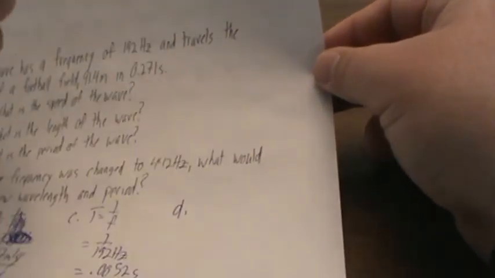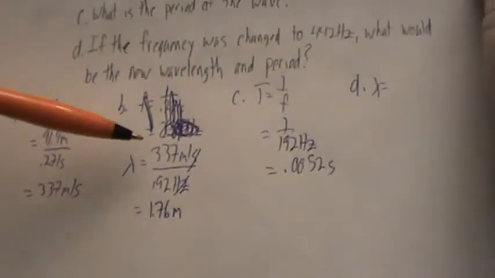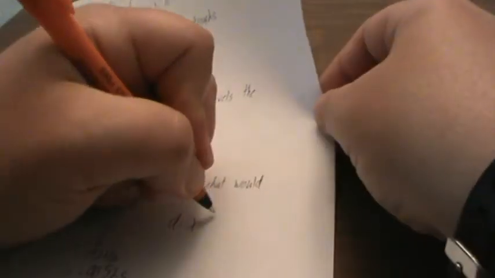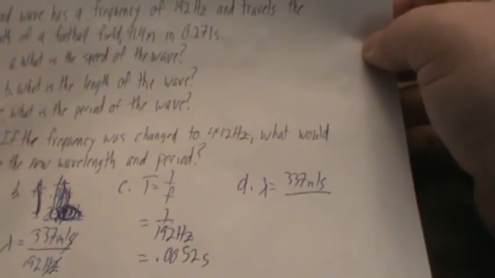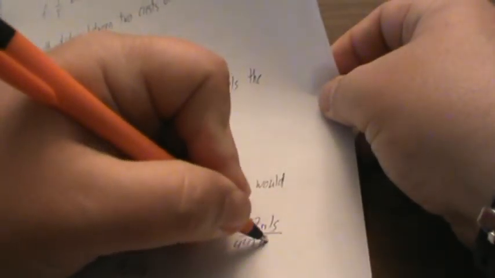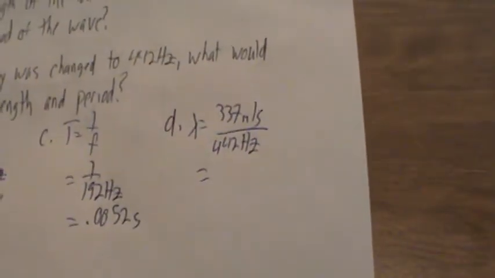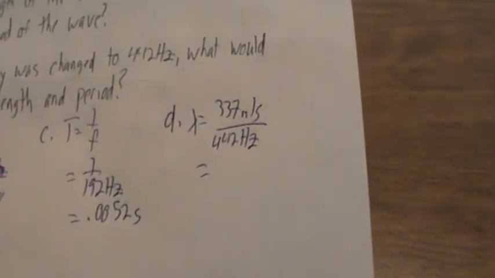For the new wavelength, we're still going with the same velocity, 337 meters per second, over our new frequency, which is 442 hertz. Seconds and hertz will cancel out, so 337 divided by 442.